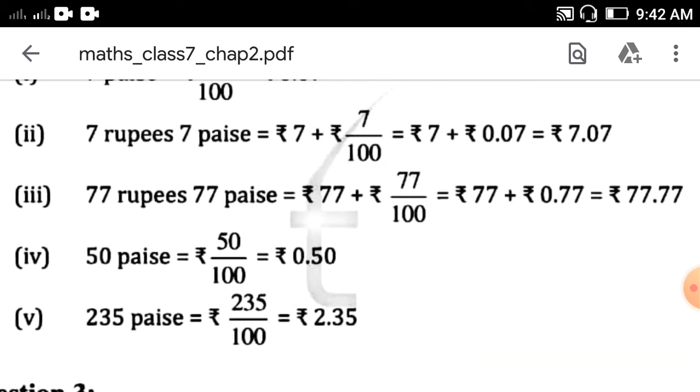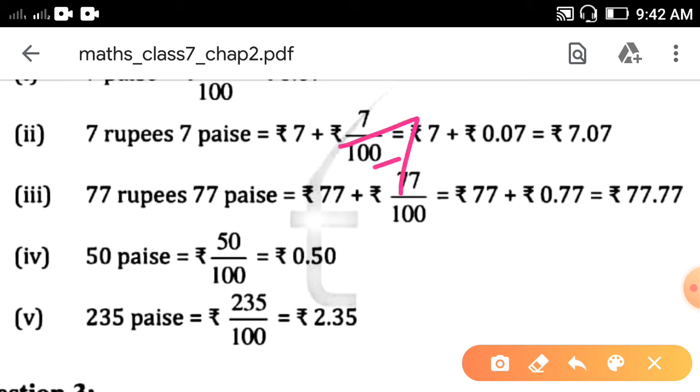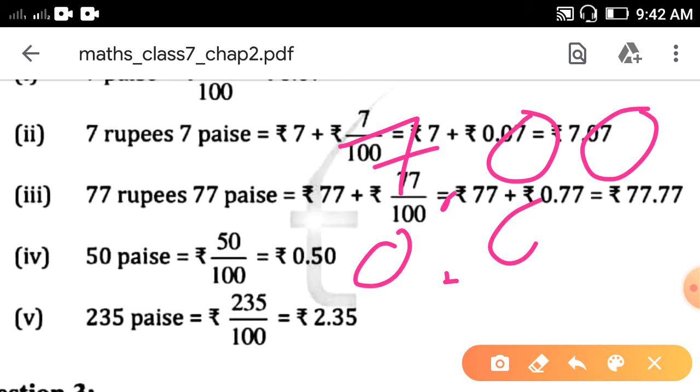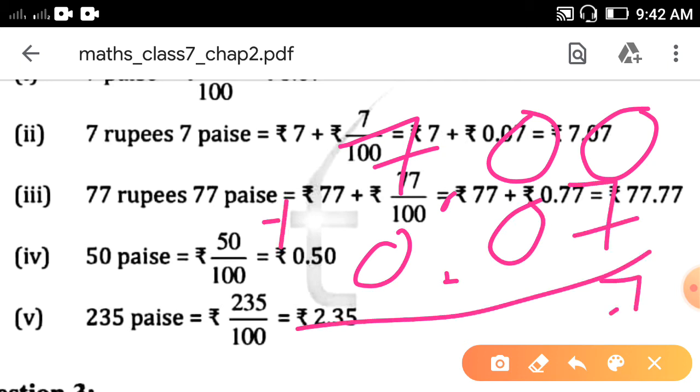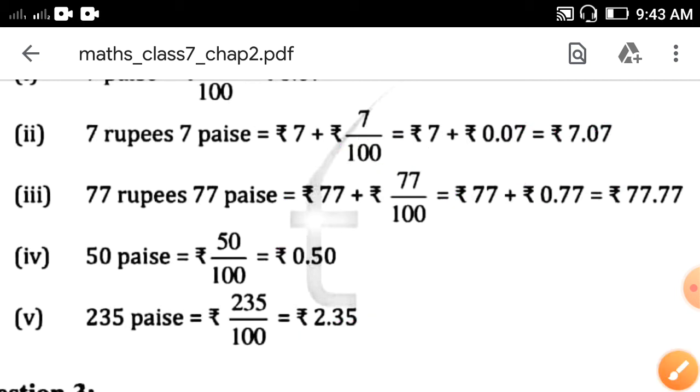How to add? 7.00 and 0.07. Now add them. 0 plus 7, 7, 0 plus 0, 0, 7 plus 0, 7. So it will be 7.07. This way you can add in the rough work.